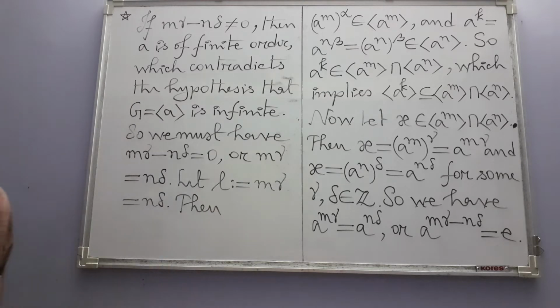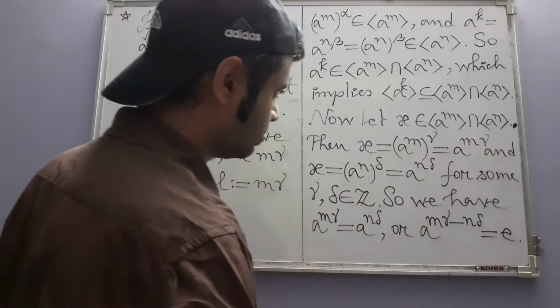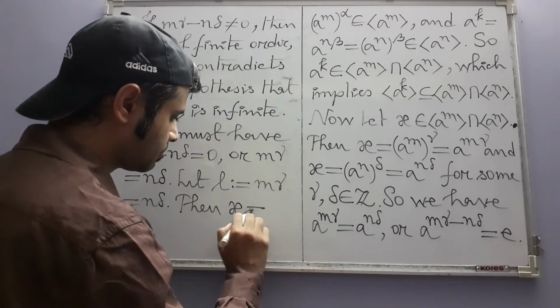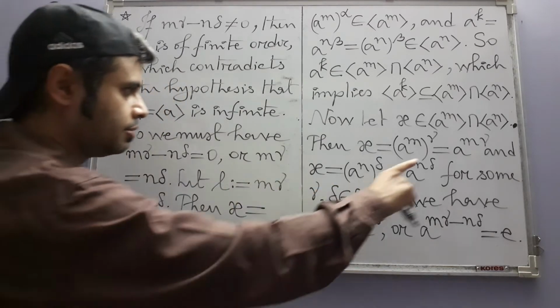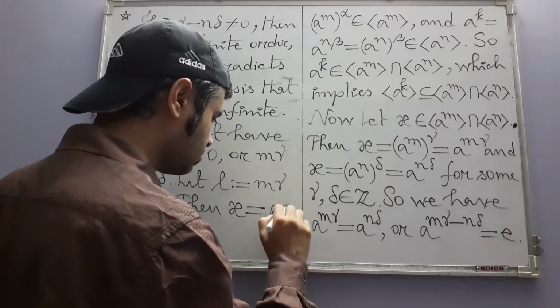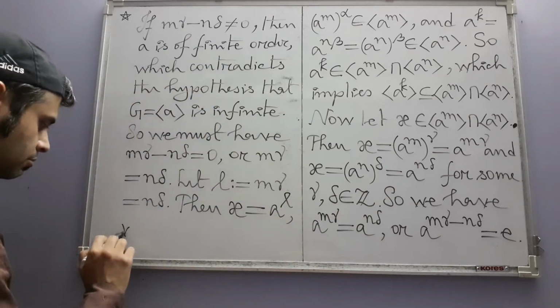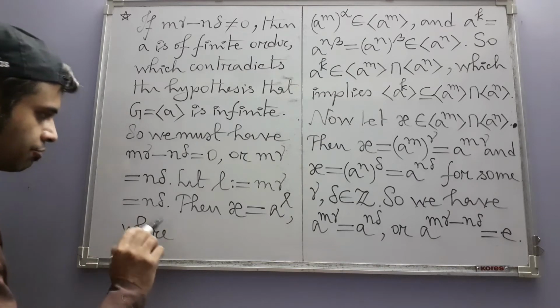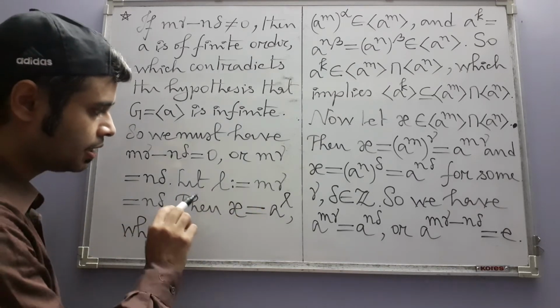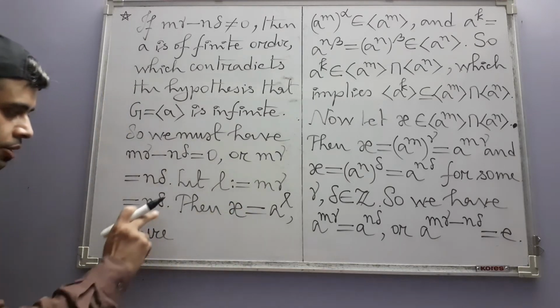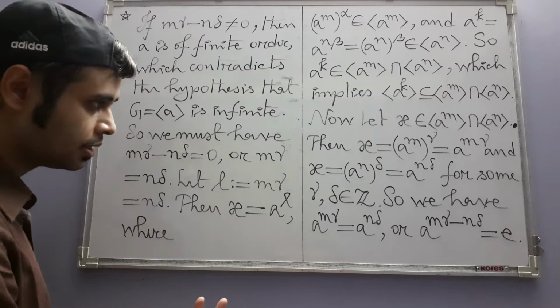Then let's go back to where these things are coming from. It is coming from here, right? So x would be what? x would then be a to the power L, where from the definition of L we see that L is a common multiple of m and n, because gamma and delta are integers.